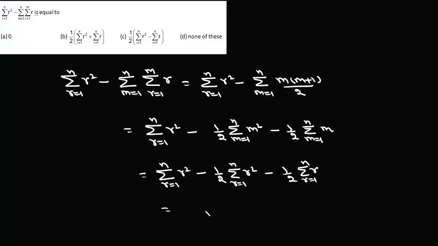Now this is 1 by 2 of r square, so we can write this as 1 by 2 times summation r square, r from 1 to n, minus summation r from 1 to n, and that's your option C.